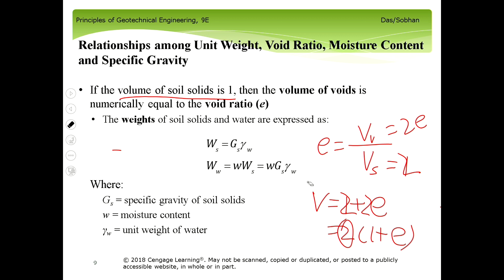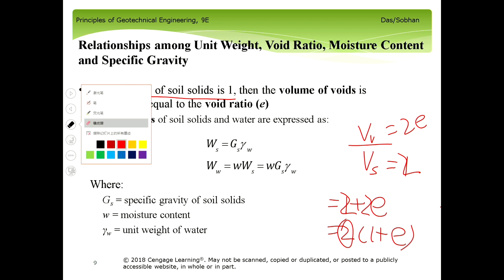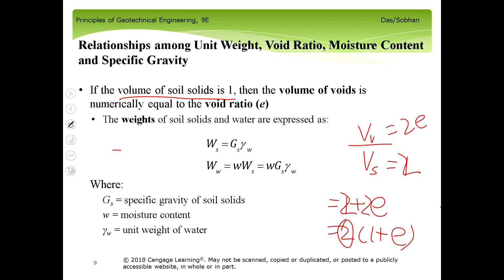Okay, and as long as you know the specific gravity, in here we said, what is the specific gravity? It is the ratio of the weight to the weight of water, right? So if you want the solid weight, then it is specific gravity times the unit weight of water, right?